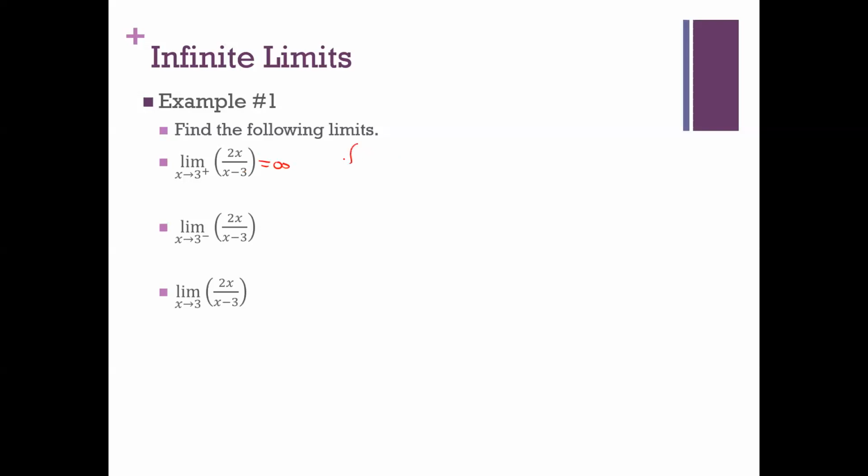In fact, f of 3.01 gives 6.02 divided by 0.02, which is positive, and I can make it as large as I want by getting closer and closer to 3.